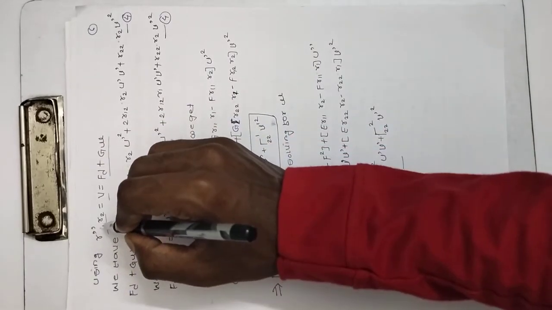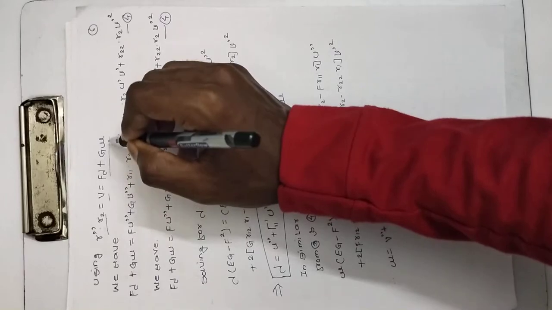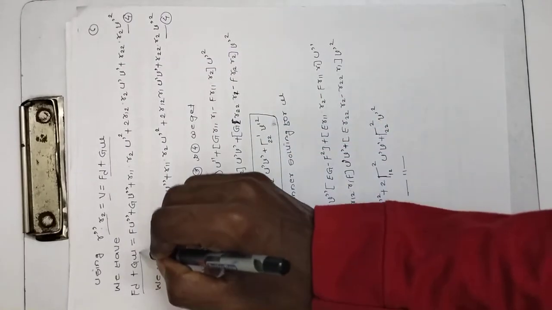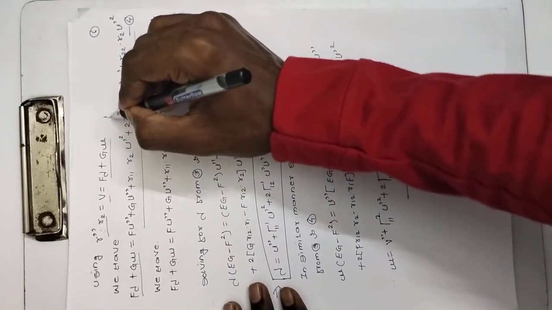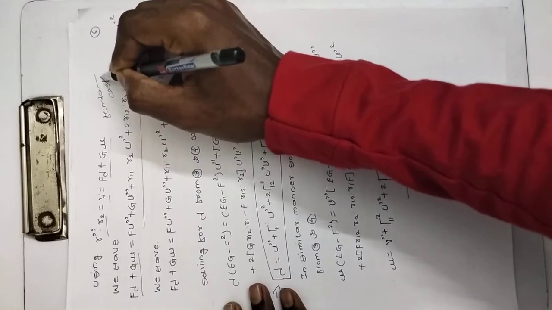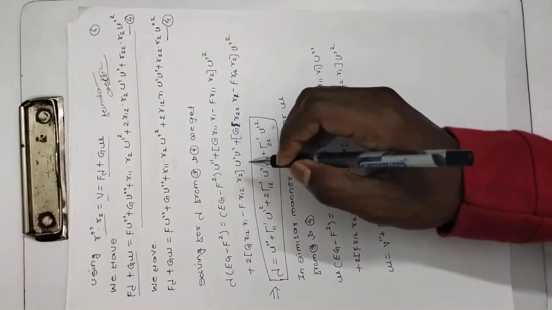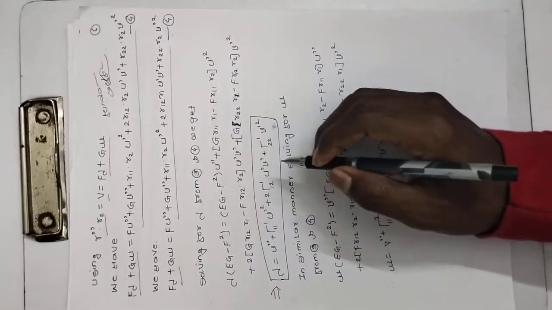So r double dash dot product with r2 can be written as F lambda plus G mu. So we have F lambda plus G mu equal to this term by using the fundamental coefficients. So we have this equation.